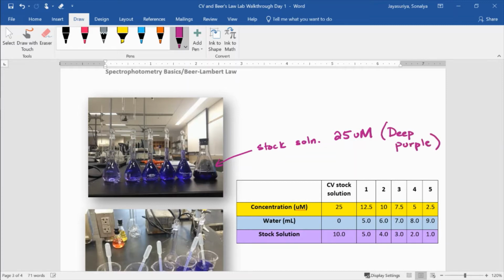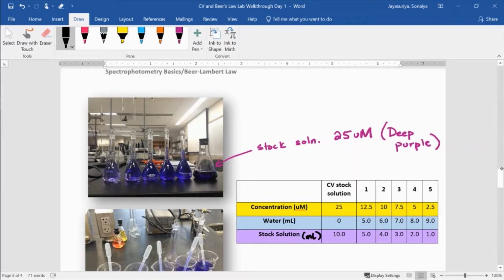And then I give you this table that's in these yellow, blue, and purple colors, and I ask you to use the stock solution, which is 25 micromolar, to make 5 solutions of varying concentrations, okay? Solution 1 should have a final concentration of 12.5 micromolar, and it is made using 5 milliliters of the stock solution and 5 milliliters of your distilled water.